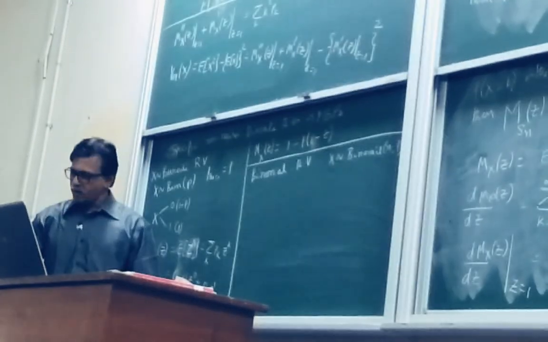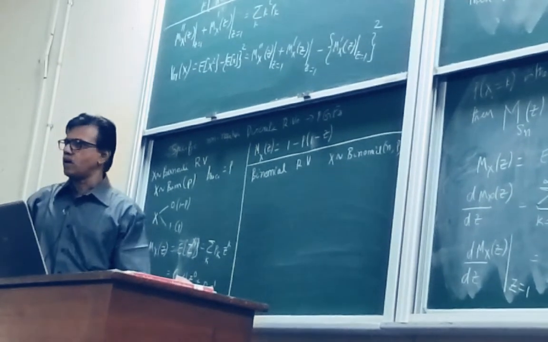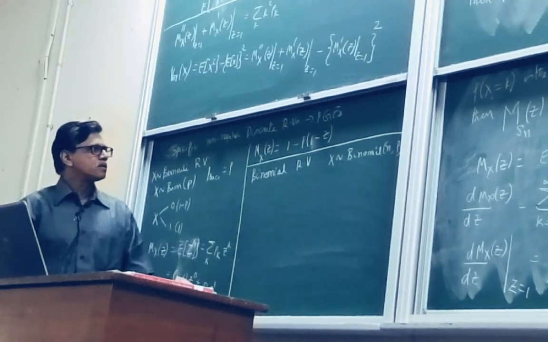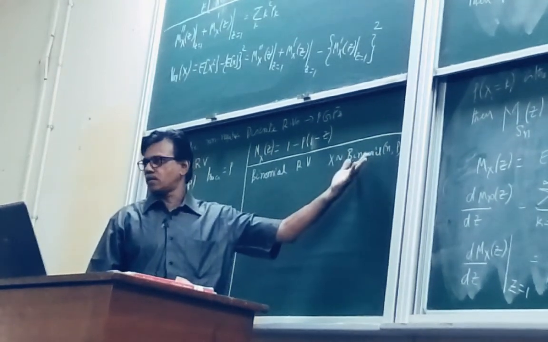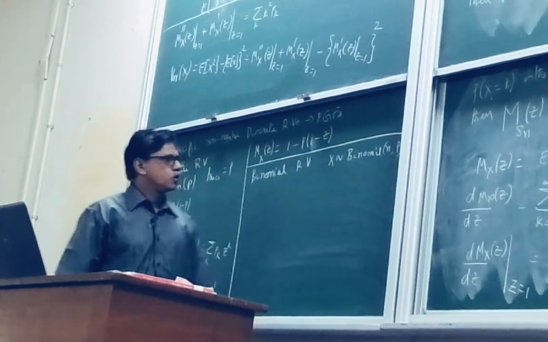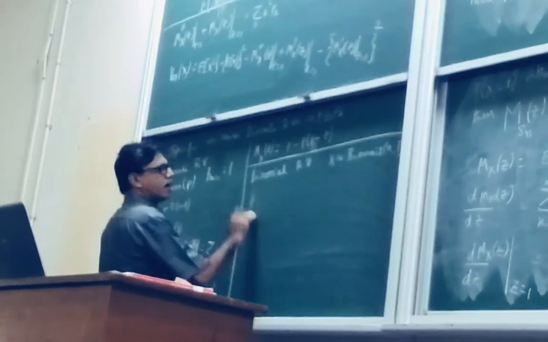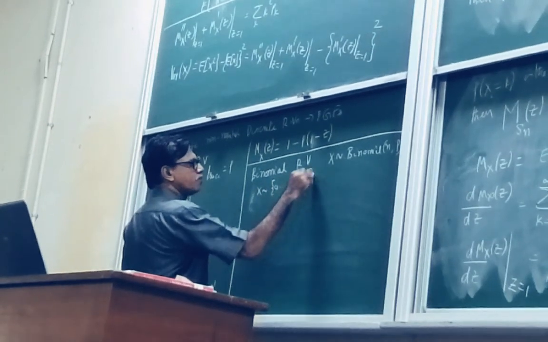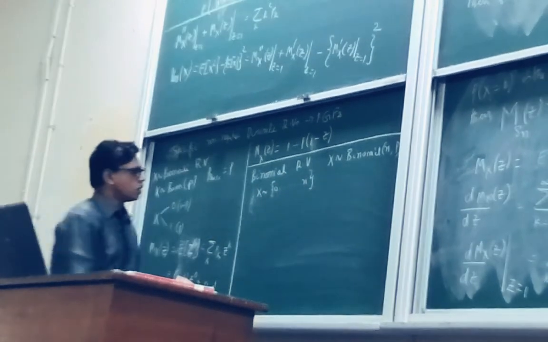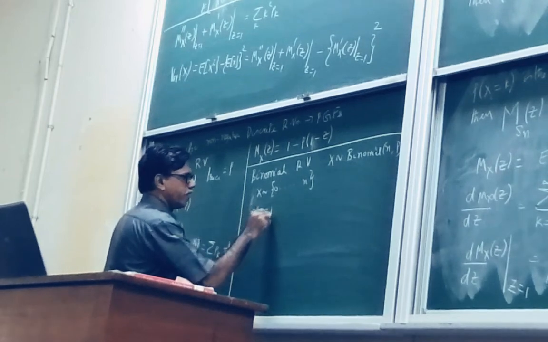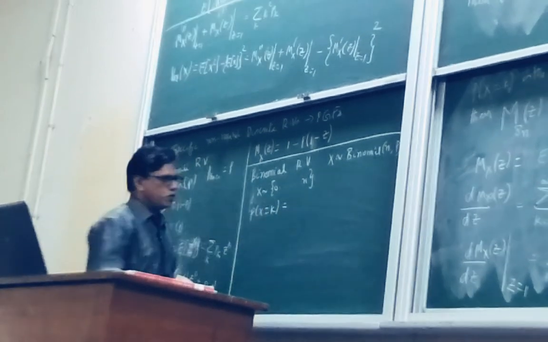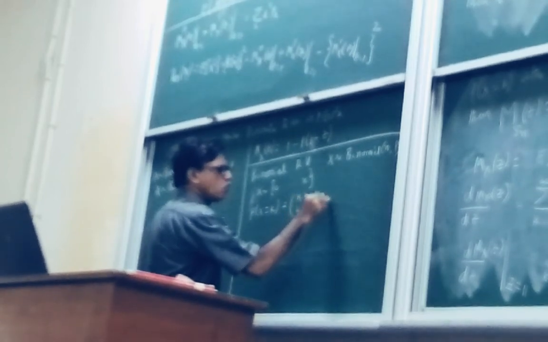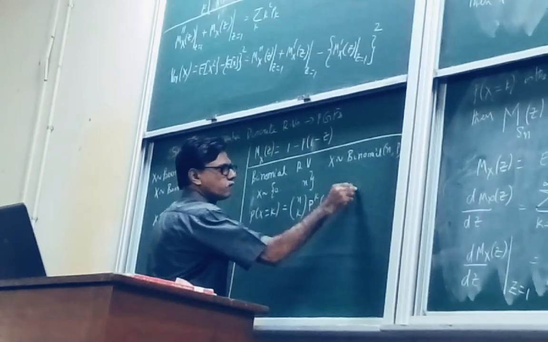You make coin tosses, or Bernoulli trials, n times, with probability of success p, and now ask what is the probability that I will get k successes in n trials. So x can take values 0 to n at most. The probability that x equals k, we know, is given by n choose k, p power k into 1 minus p power n minus k.